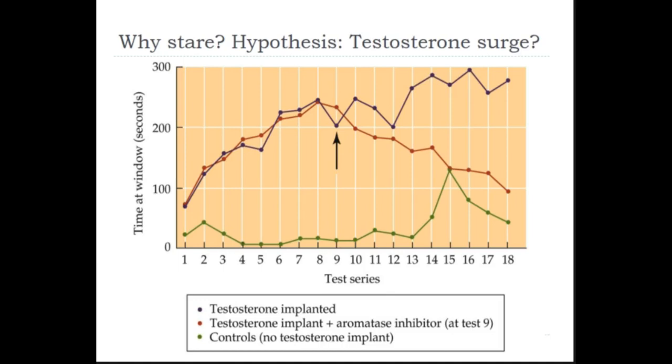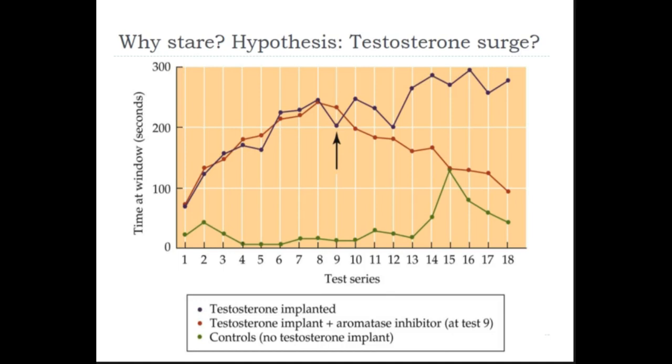The controls without the testosterone implant clearly just don't spend much time at the window. So if you wipe out someone's testosterone, this indicates that it does wipe out this behavior. Compared to the blue line, where these guys do get the testosterone implant, they get a regulated testosterone surge, and they spend lots of time staring longingly through the window.